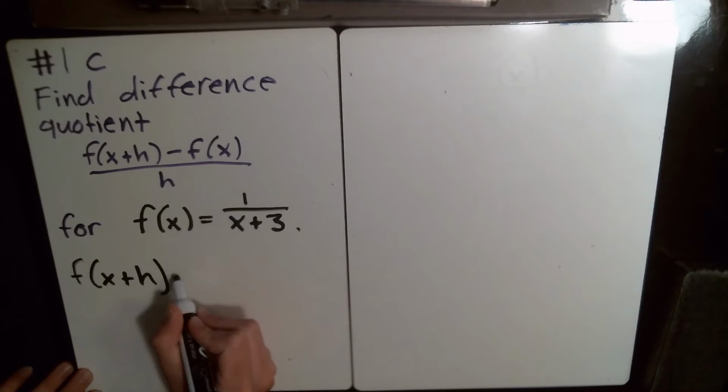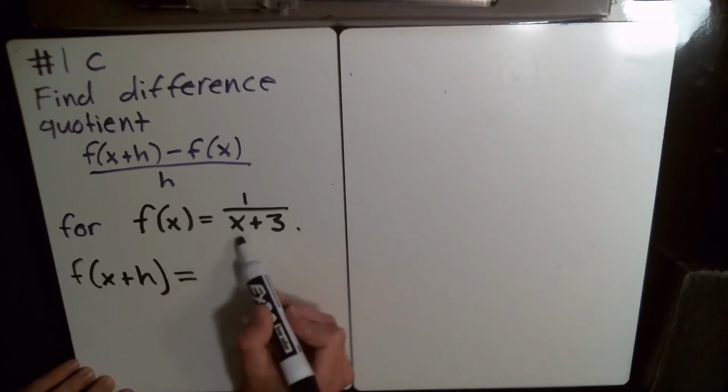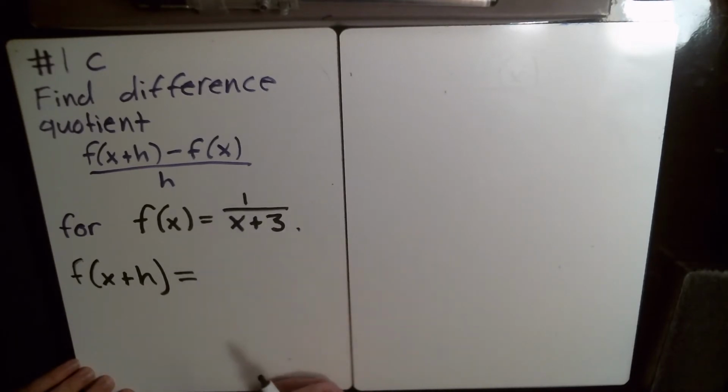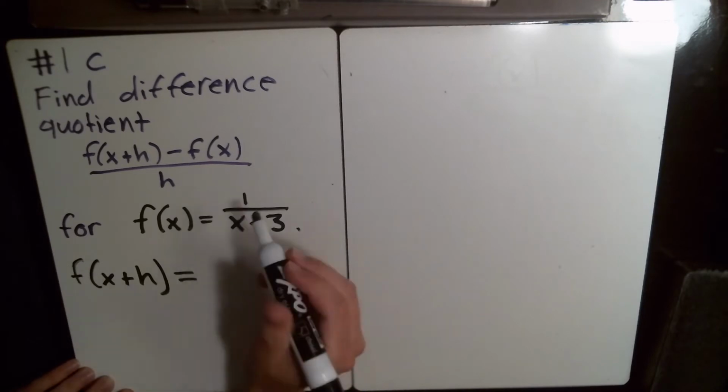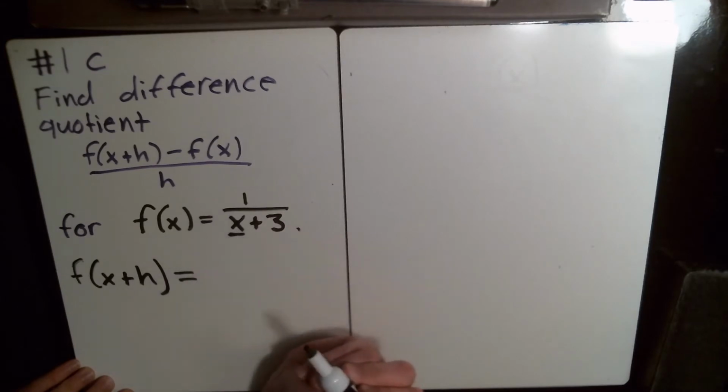So f of x plus h would be, well, what do I do? I replace x in this equation with x plus h, right? Everywhere there's an x, I put x plus h. So if you'll note, in f of x, there's an x right here, so I'm going to put x plus h there.